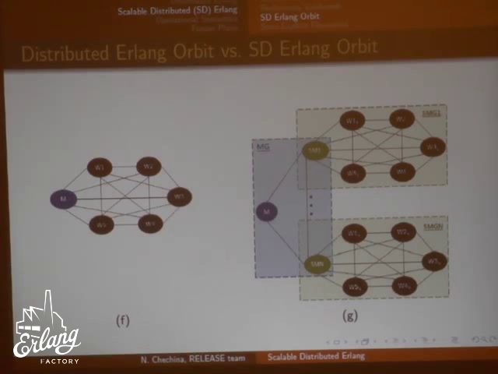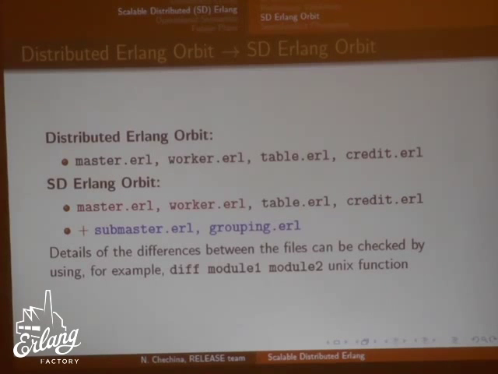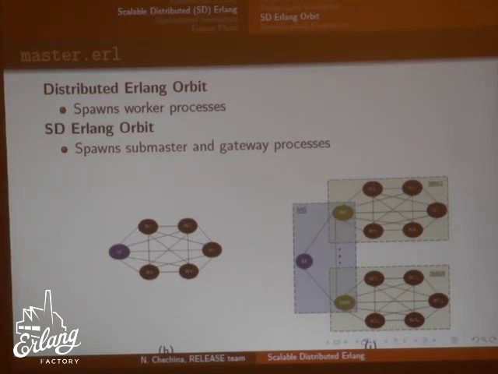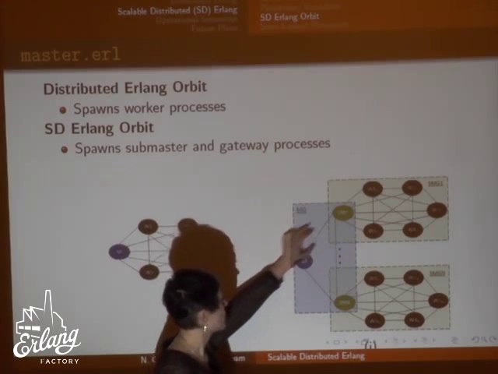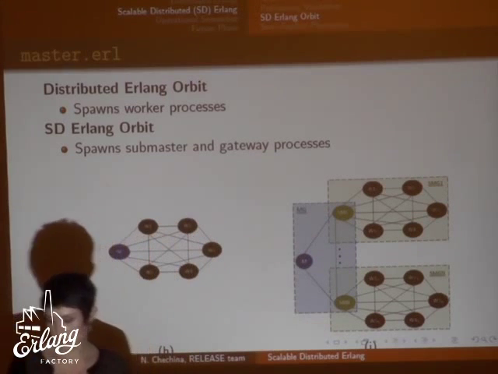I will explain a bit how each part works. In distributed Erlang, we have master, worker, table, credit. And here we add a few more modules: submaster and grouping. For the master, the difference is that now it spawns not worker processes but submaster processes. So the master node no longer has a direct connection or communicates with worker nodes, but rather communicates only with submasters.